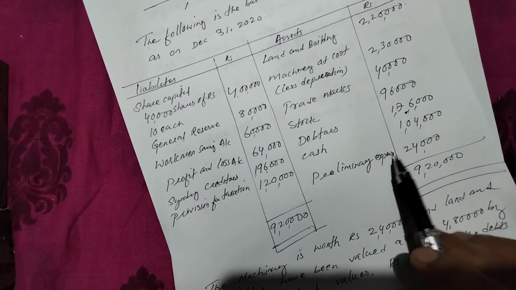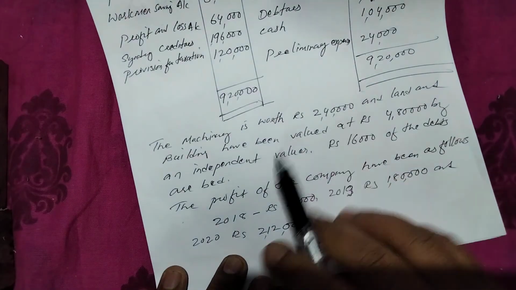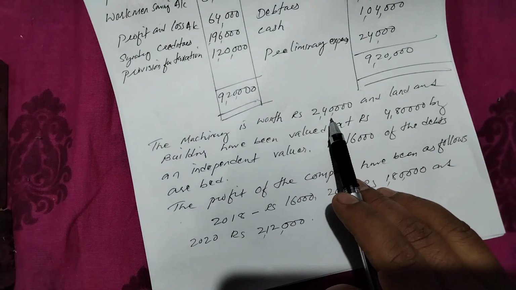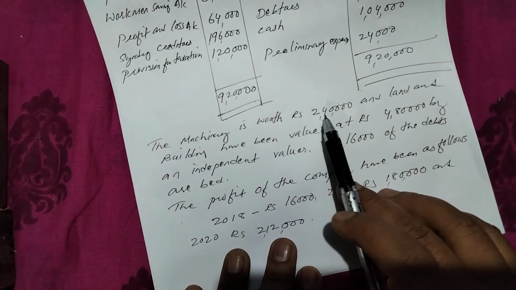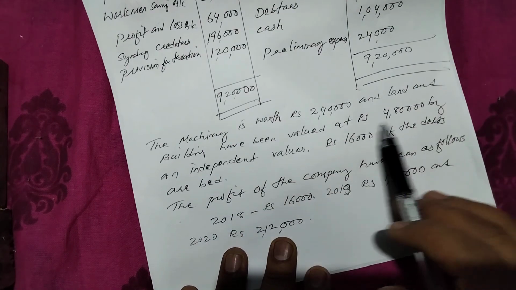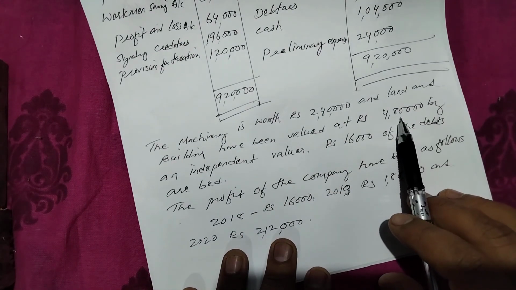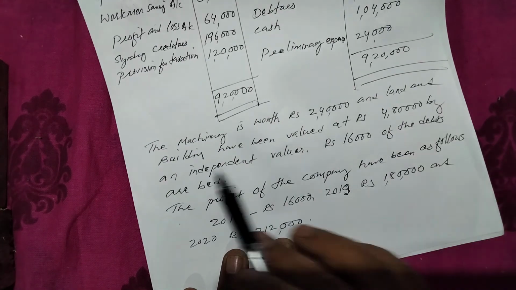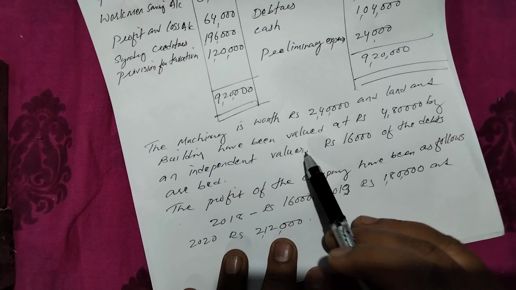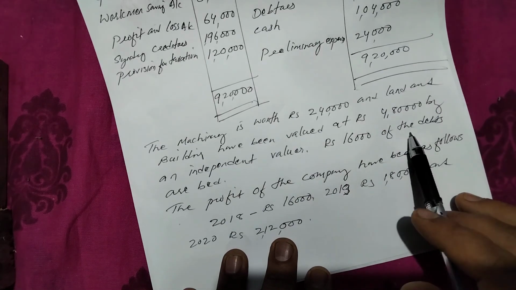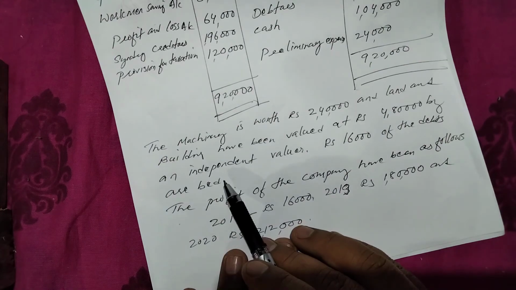Preliminary expenses are fictitious. Some adjustments are there. The machinery is worth rupees 2,40,000. This is the market value of machinery, so you need to take the market value. And land and building have been valued at rupees 4,80,000, the market value by an independent valuer. And rupees 16,000 of the debts are bad.